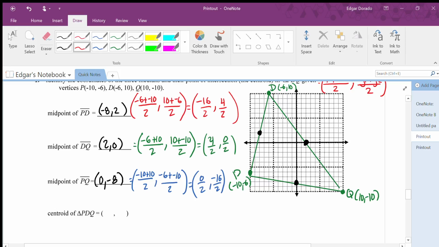So let me try this by hand. Hopefully I can draw a nice straight line. That wasn't too great, but it wasn't horrible. Let's try the next one. My new line right there. And then finally, the last one.